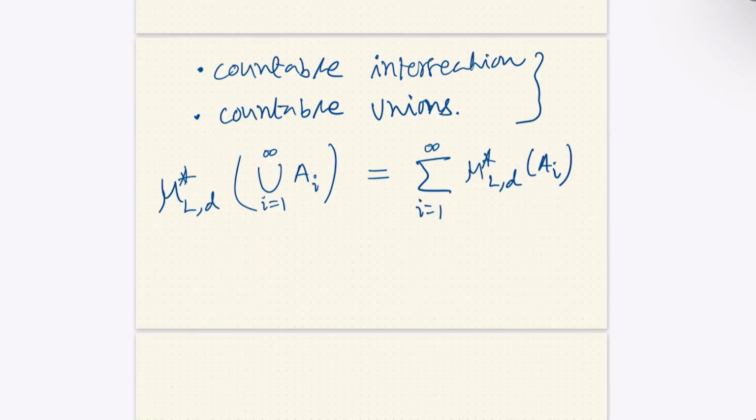It is so satisfying. The measure on the set is a real number function. Mu star LD is a function which assigns each set a number. The measure of the union of those sets equals the sum of the individual measures of the sets.